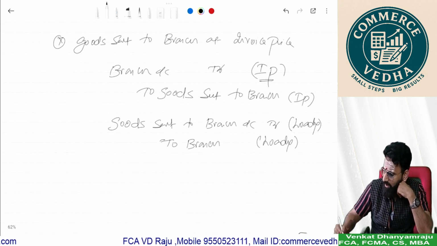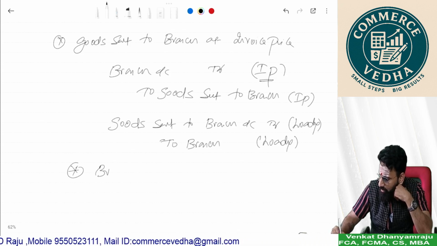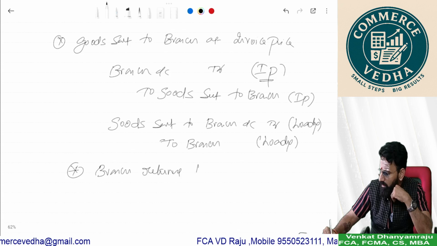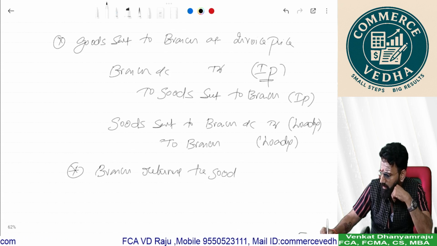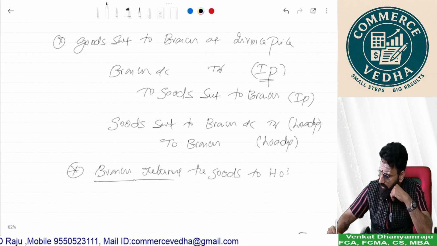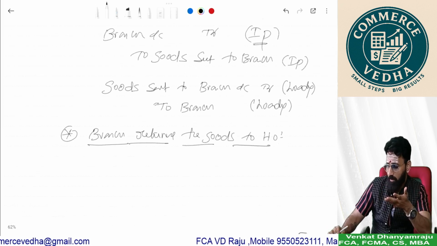Now the next thing is branch returns the goods to head office. Here what should I do? I should reverse the entry.